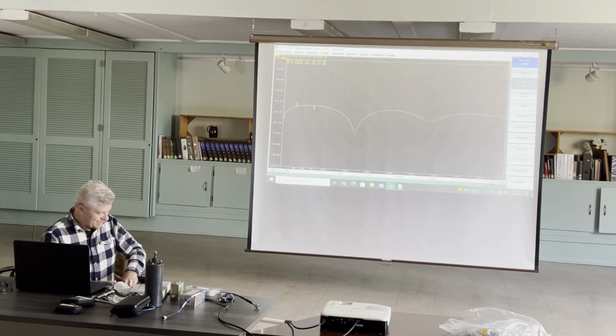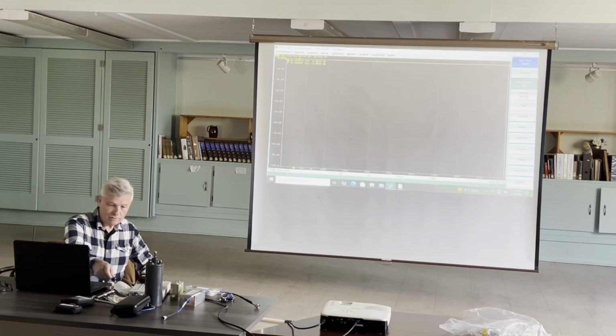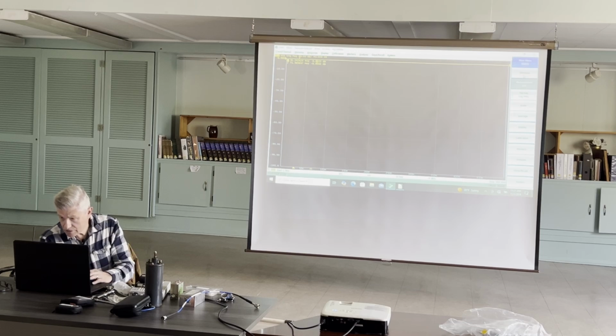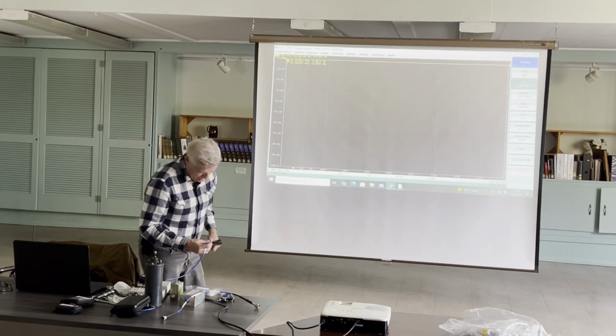Okay, so one last thing we'll do here. Let me see if I can get this onto that antenna, and we can see what this mystery antenna is. This is S11. I'm going to go back to stimulus here. I don't know what this was marked, 2 meters, but I don't know about that. We'll find out.